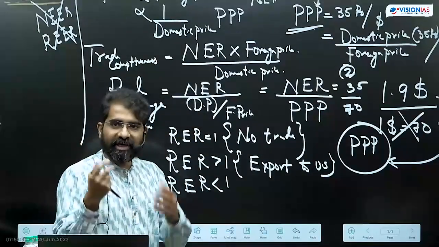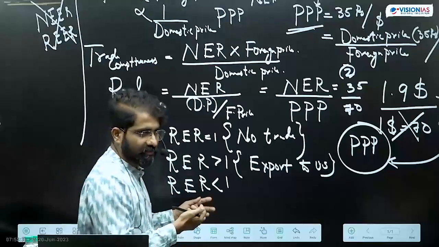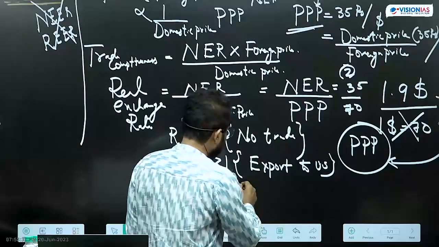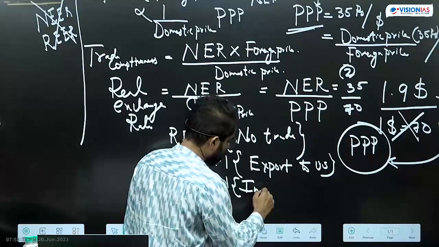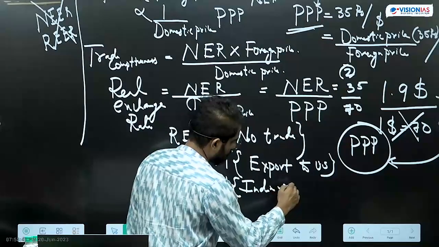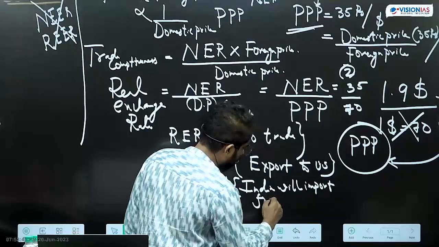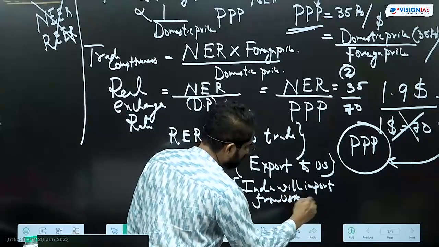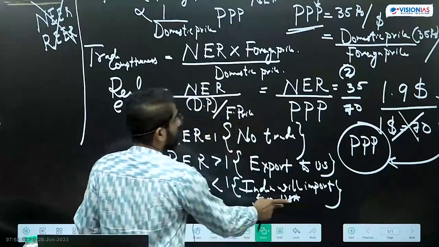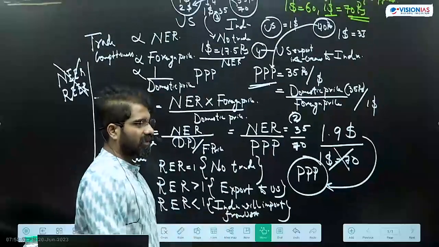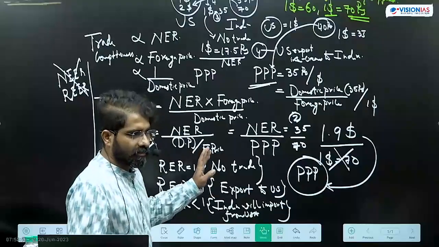India will buy from US. India will import from US. Is that okay? Is the concept clear?